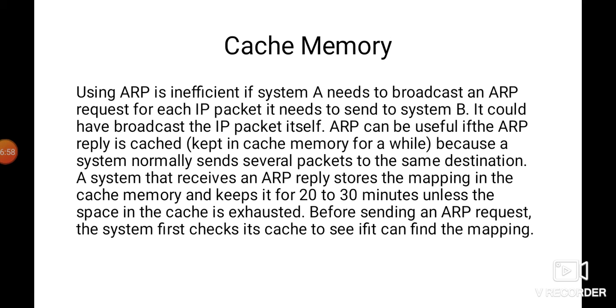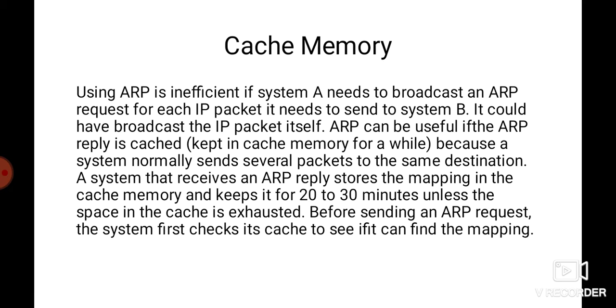See, if A wants to communicate to B, A has taken the physical address already. If next time A again wants to communicate to B, then again A has to broadcast the packet. If every time A broadcasts the packet, then the broadcasting will be done and the bandwidth of the network will be consumed.